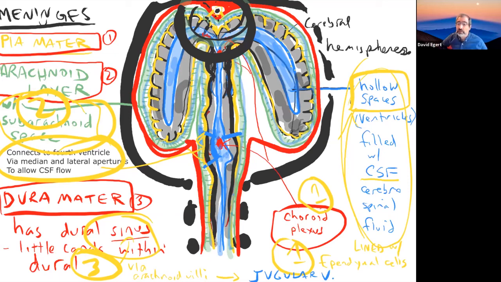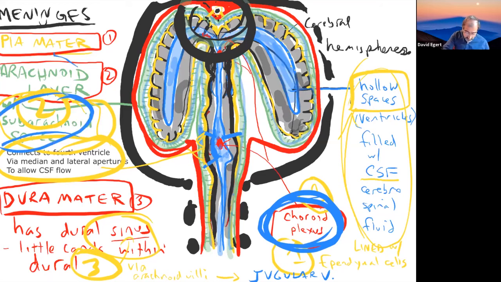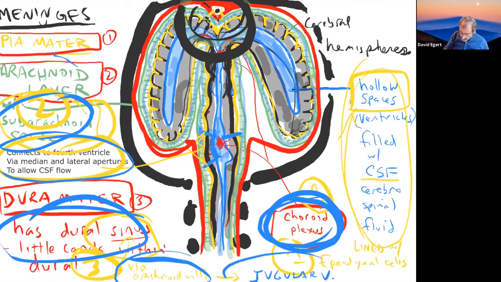It just disappears. It just adds back into the original fluid that leaked out at the choroid plexus to start with. So you should be familiar with the basic flow of CSF. Being produced in the choroid plexus, going from the choroid plexus into the subarachnoid space via the little apertures, then through the arachnoid villi, getting into the dural sinuses, and ultimately from the dural sinuses, draining into the jugular vein.